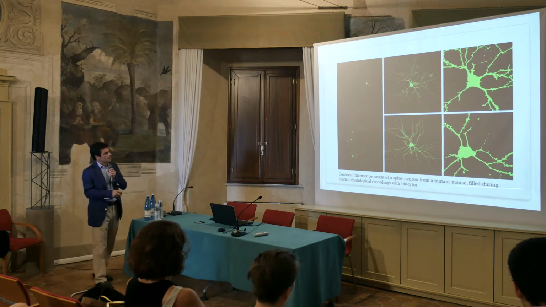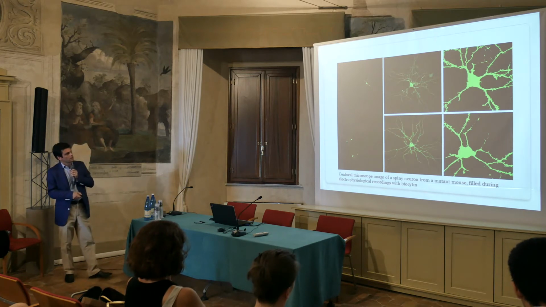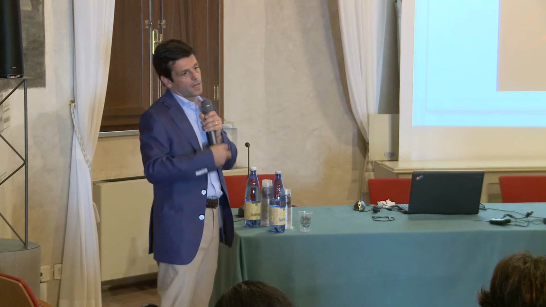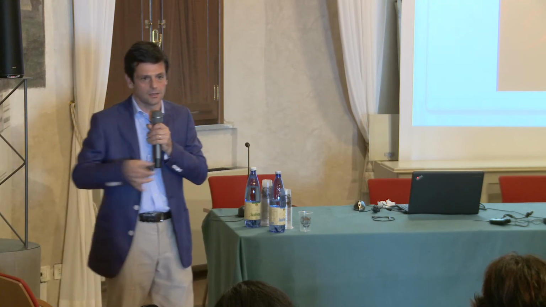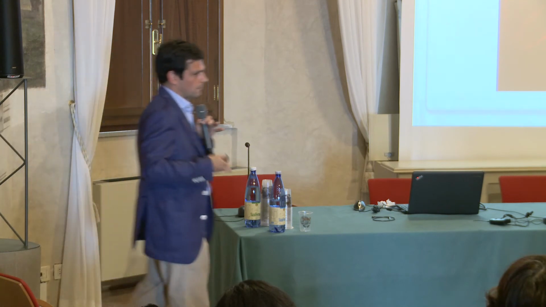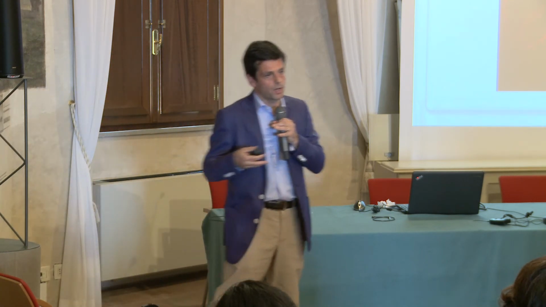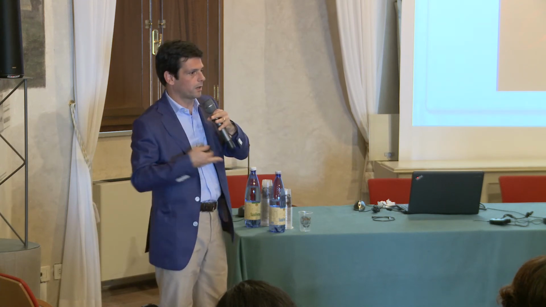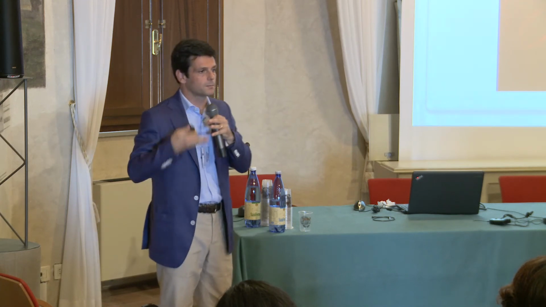And this is the same at different enlargements. Again, this is just to tell you how dense the dendritic tree of these neurons is, and how they most likely generate these collaterals that bridge the D1 and the D2 expressing spiny neurons.